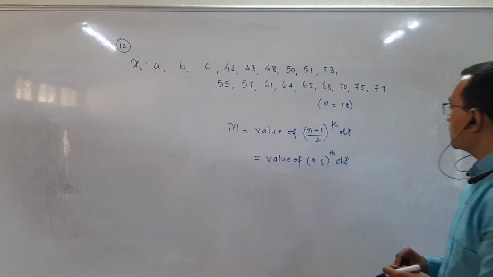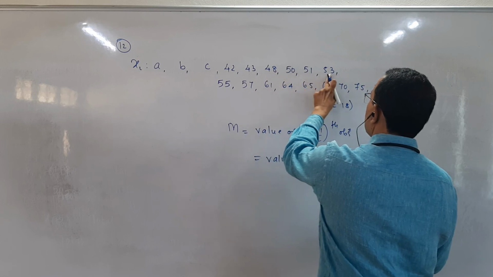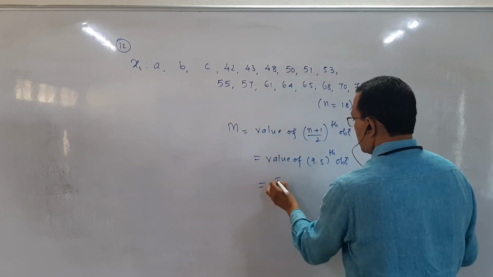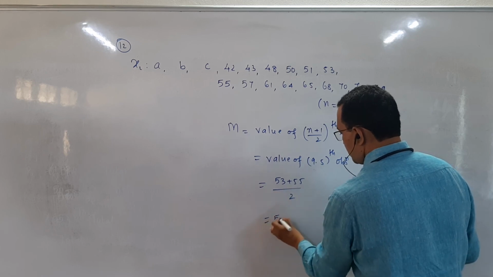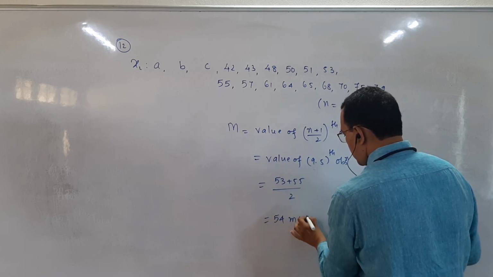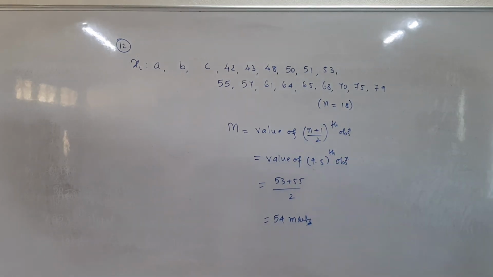So take the average of the 9th and 10th observation. 53 plus 55 by 2. So it is 54 marks. That's all students. This is your answer. So median marks of all students is 54.